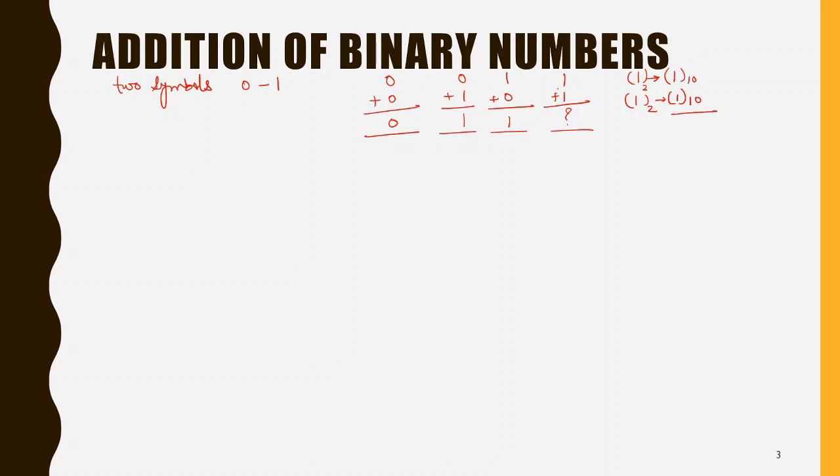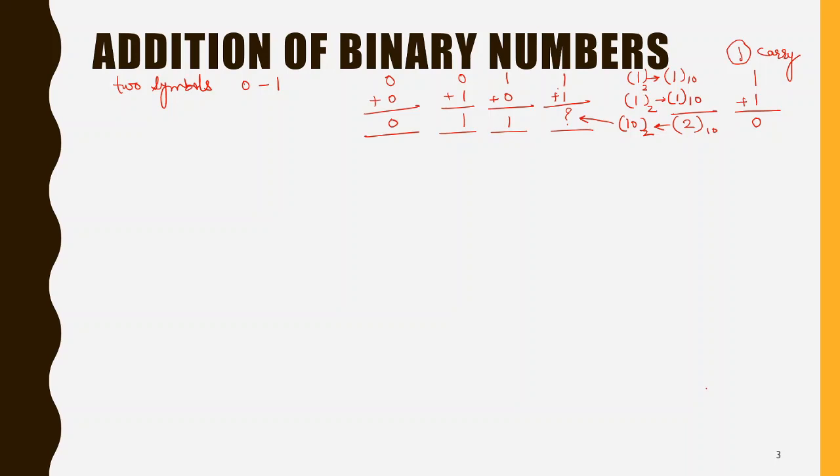So if I add it in decimal, it gives me 2, right? And if I convert this 2 into binary, we get 1 0, not ten. It is not ten, it is 1 0. So 1 plus 1 will be 0 as a result, and 1 will be the carry to the next bit.